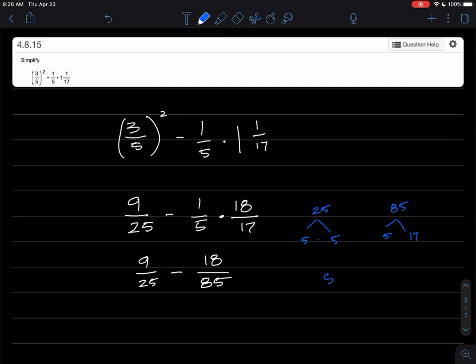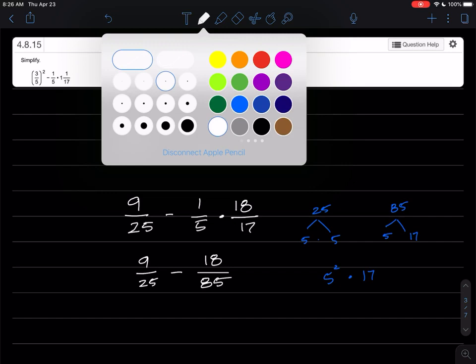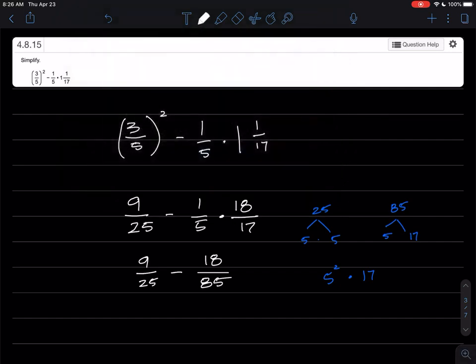So we have 2 5s and 17. Well, the 25 has the 2 5s, but not the 17. So we'll multiply the top and the bottom by 17. 85. Well, 85 is made up of 5 and 17, so it's missing just one of the 5s. So we will multiply by that missing factor of 5.